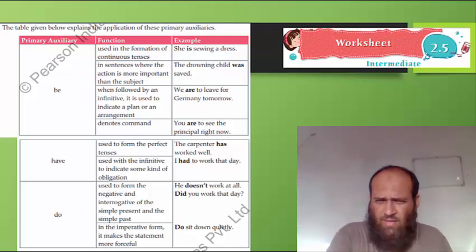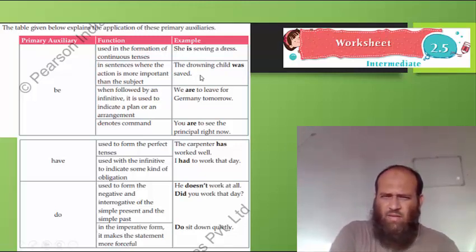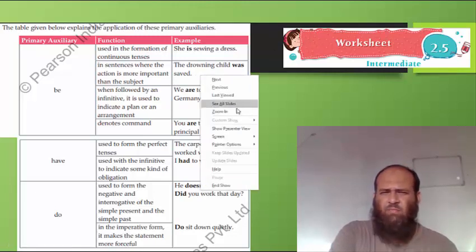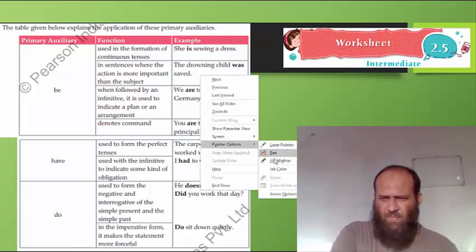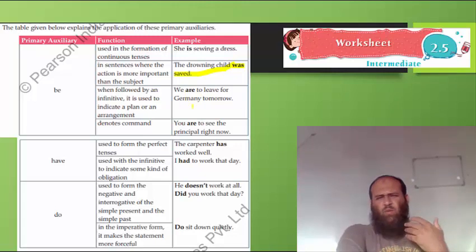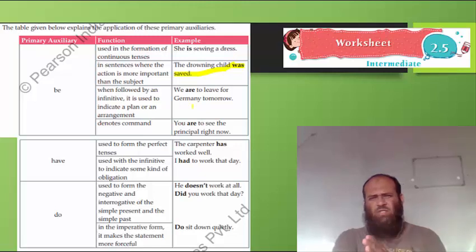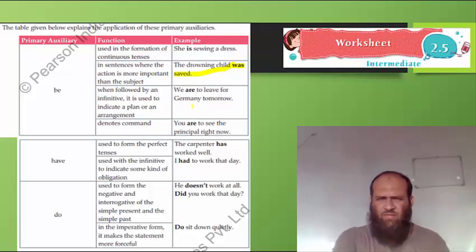So in this format also, we use the form of be. Was saved.